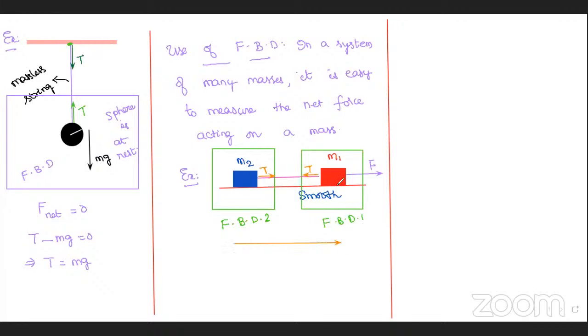Okay, train is the best example. If the engine moves with an acceleration of 10, all boxes, compartments move with the same acceleration. Here also we consider the two masses move with the same acceleration a. Okay, means indirectly I am saying that it is not only a massless string but also an inextensible string, unlike a rubber cord.